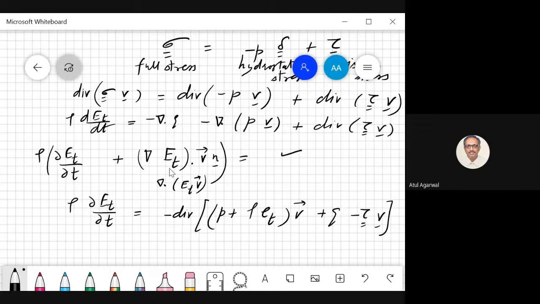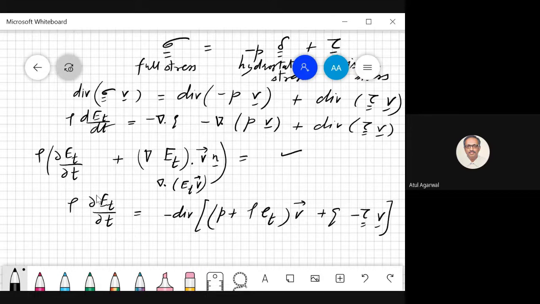This is standard Gauss theorem. This was like a flux over the surface. If you integrate, you can convert it into an integral by divergence. Okay, we'll check it out.